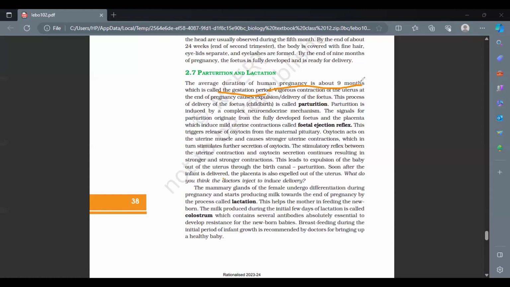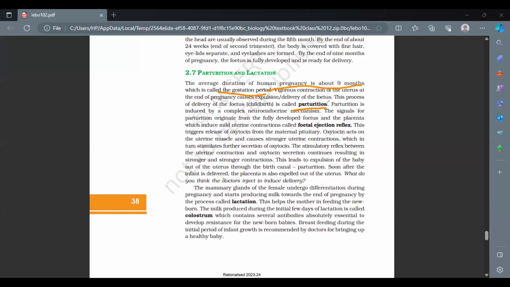That average of 9 months is known as the gestation period, and it leads to childbirth after 9 months. For childbirth, the term used in biology is parturition. So what is parturition? It's childbirth. And the gestation period is the 9 months during which the fetus and embryo grow inside the mother's womb.